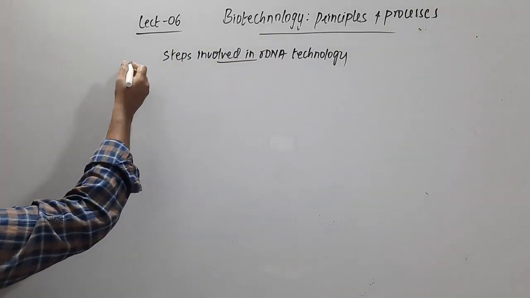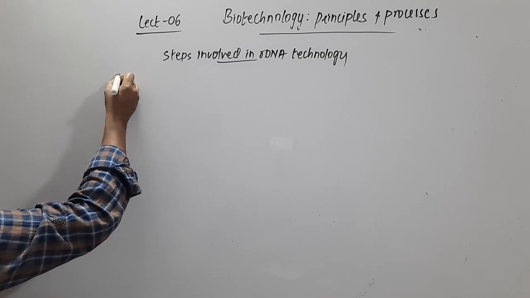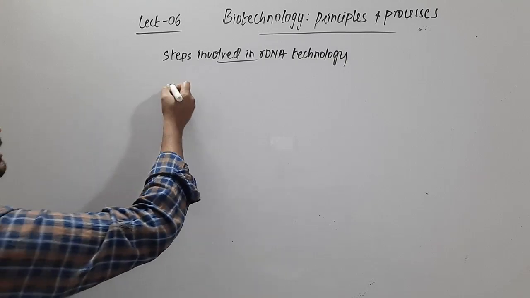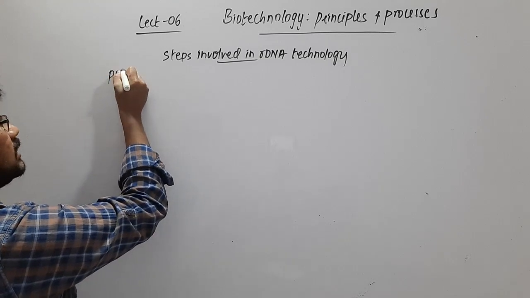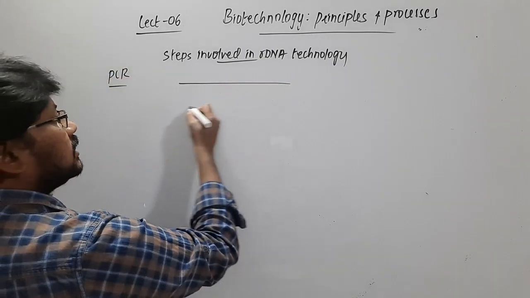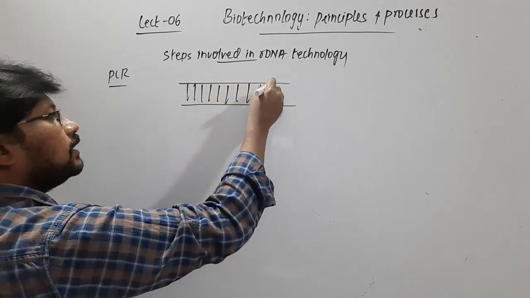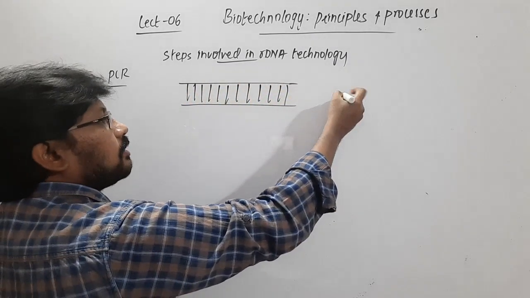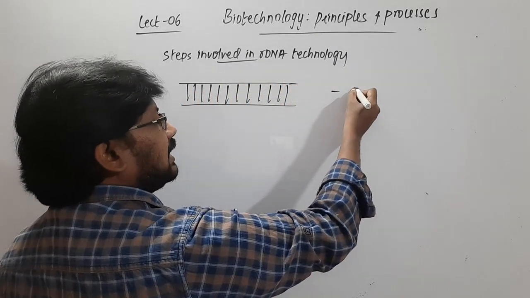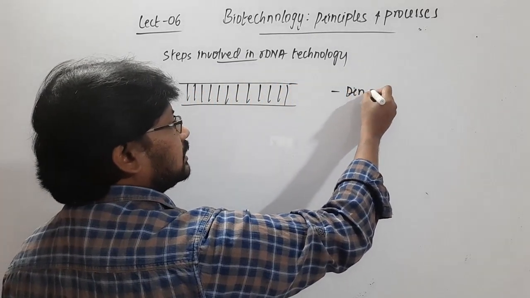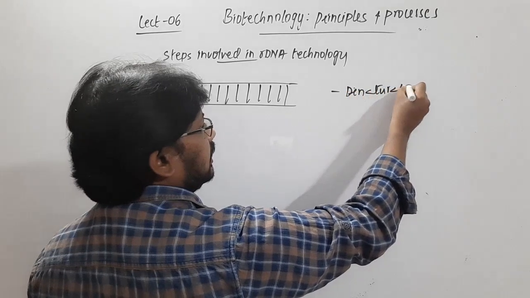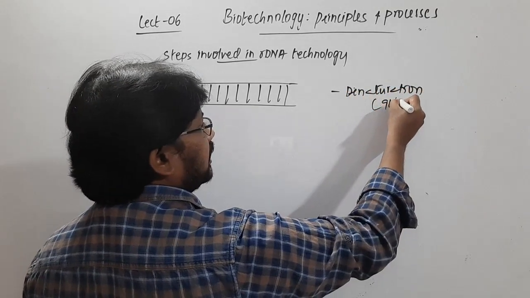So here the first step, the denaturation. So let's see that PCR. This is the gene of interest. Now when the temperature is raised to 94 degrees Celsius, the denaturation takes place.